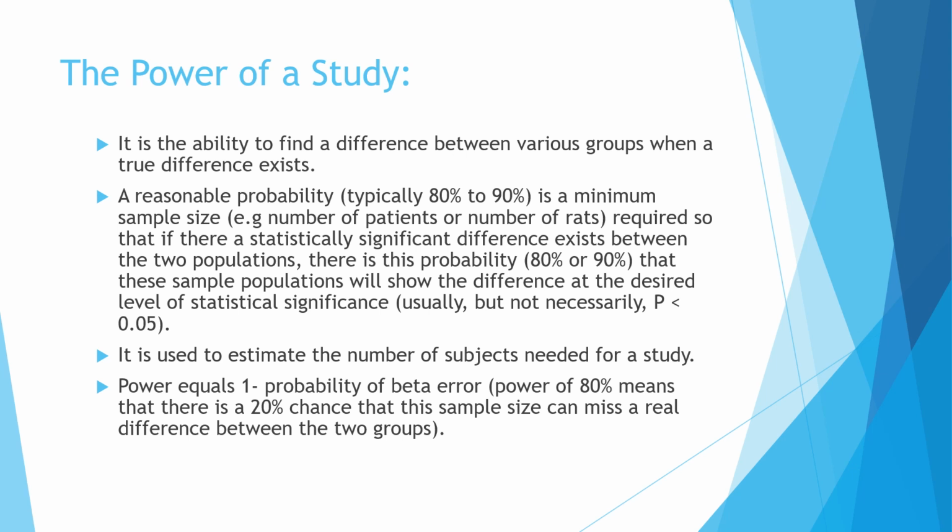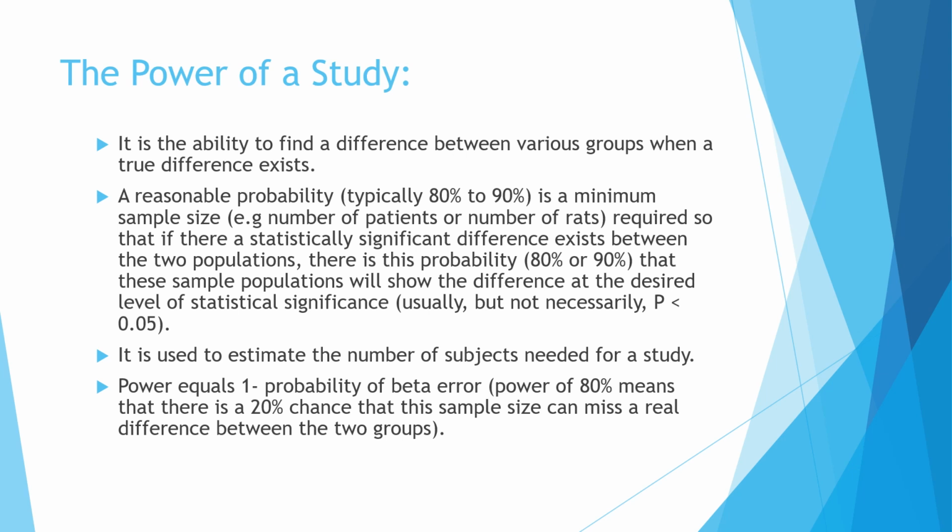So you want to have a high probability of discovering that. So usually we design the studies to get at least a probability of 80%. So what does this 80% mean? It means that you have only a 20% chance of type 2 error, or what's sometimes referred to as beta error.